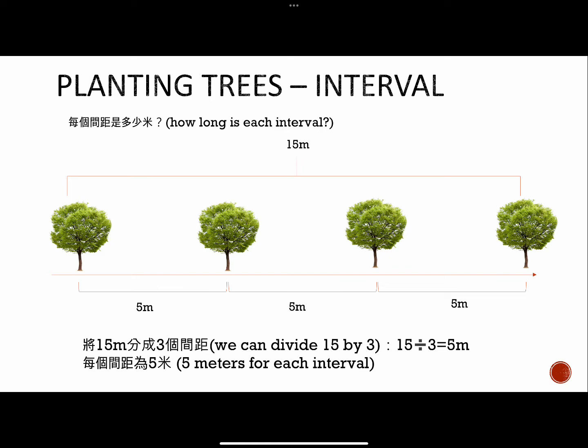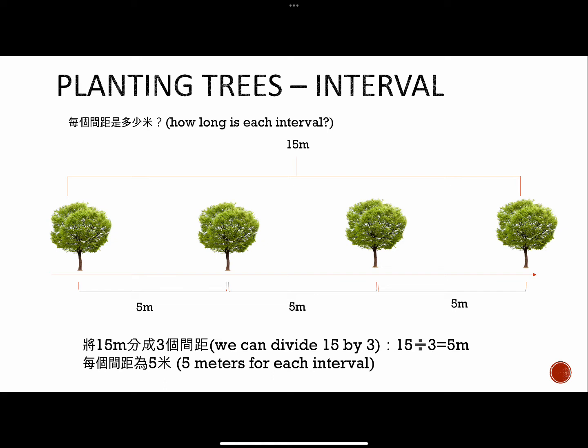Let's do some practice together. The question is asking how long each interval is. We have known that the total length of the road is 15 meters, and there are 4 trees planted along the road. First of all, we need to find out how many intervals there are.